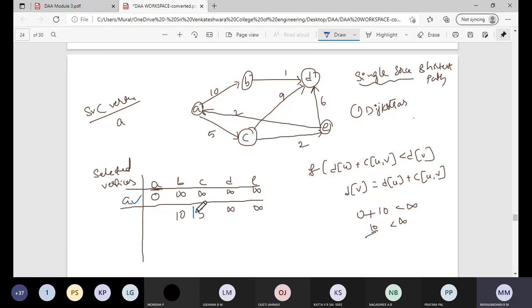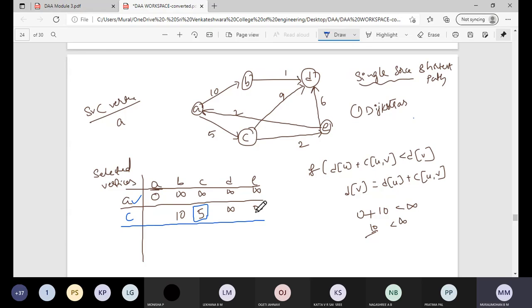So we will select this one, which is vertex C. So vertex C has been selected. Is it clear?